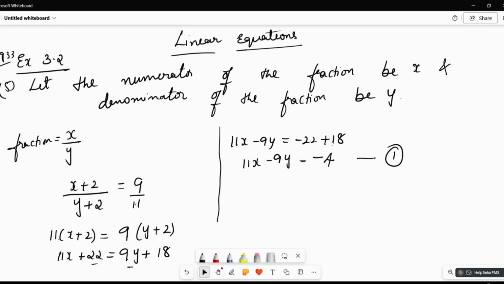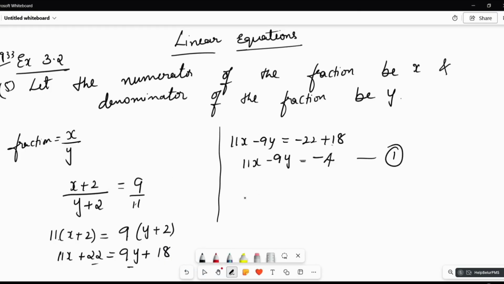Similarly, find the second equation now. He's telling if 3 is added to both the numerator and denominator, it becomes 5 by 6. So we have got 11x minus 9y is equal to minus 4, the first equation. What about the second one?